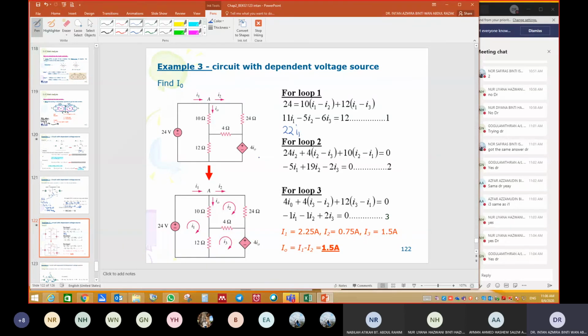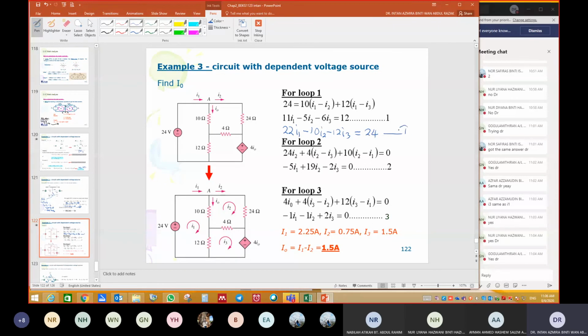Let's start with I2 first. So must be negative because other loop. 10 I2 and then must be minus also. We have 12 I3 and then we have supply here. It is minus 24 or I just write equal to 24.